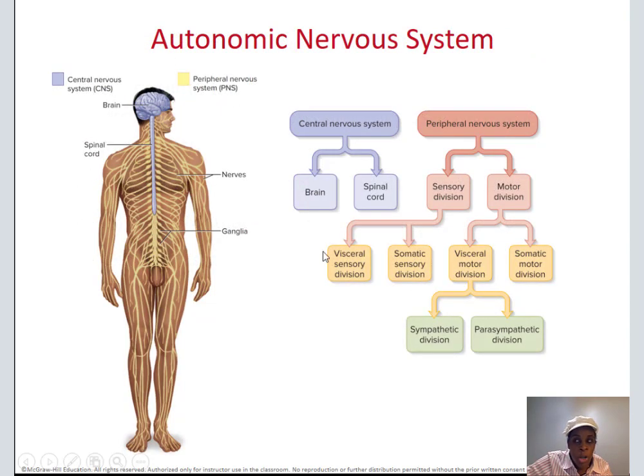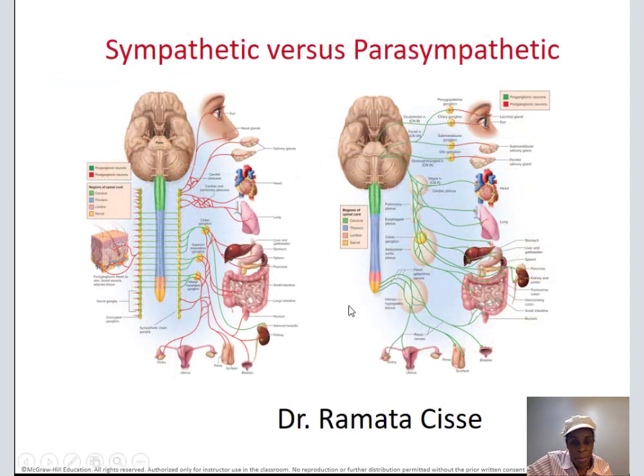So to conclude, let's talk about the autonomic nervous system. It is the visceral motor division divided into sympathetic and parasympathetic. Now let's compare the sympathetic and parasympathetic. In the sympathetic on the left, you see a short preganglionic, a long postganglionic.